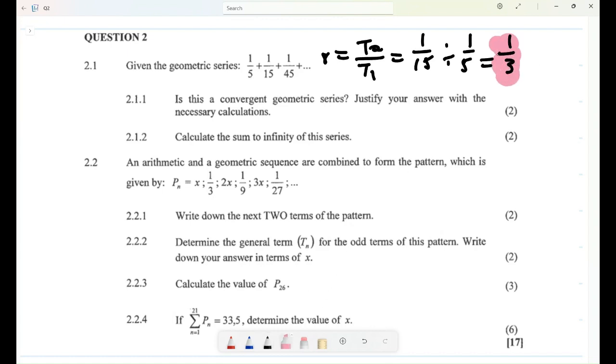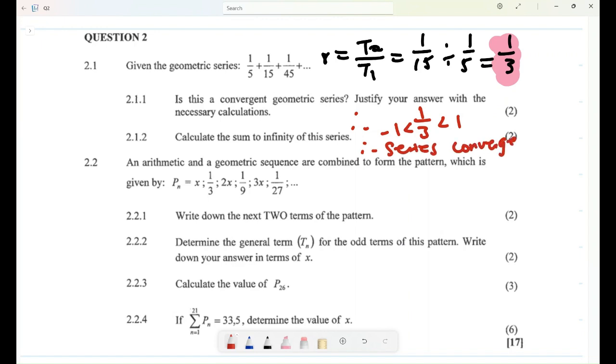Now, does the value of r lie between -1 and 1? Yes. Therefore 1/3 is between -1 and 1. Therefore the series does what?